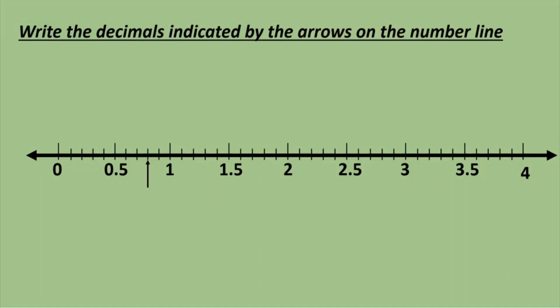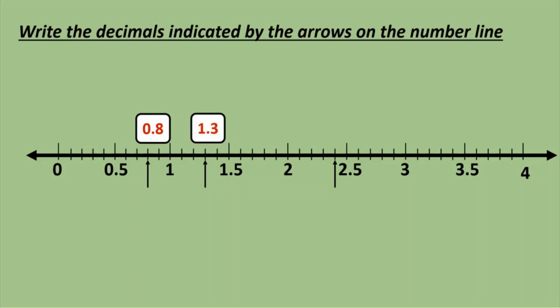We count the number of lines after it as 0.6, 0.7 and then we reach 0.8 where the arrow has been marked. The next arrow we see is after 1. So we count 1, 1.1, 1.2 and the arrow is marked at 1.3.